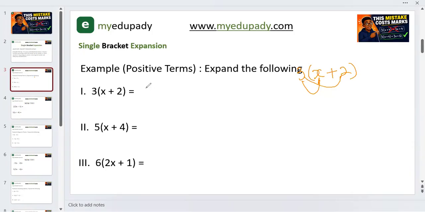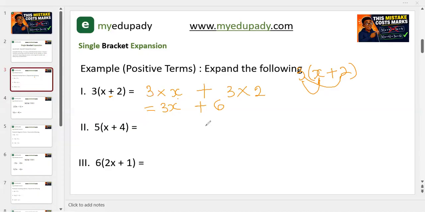So I'm going to do something like this. 3 multiplied by x, add, which is the symbol we have here, 3 multiplied by 2. So by the time we do 3 multiplied by x, that will give us 3x. Add, by the time we do 3 multiplied by 2, we get 6. Hence, the result to this expansion is 3x plus 6.